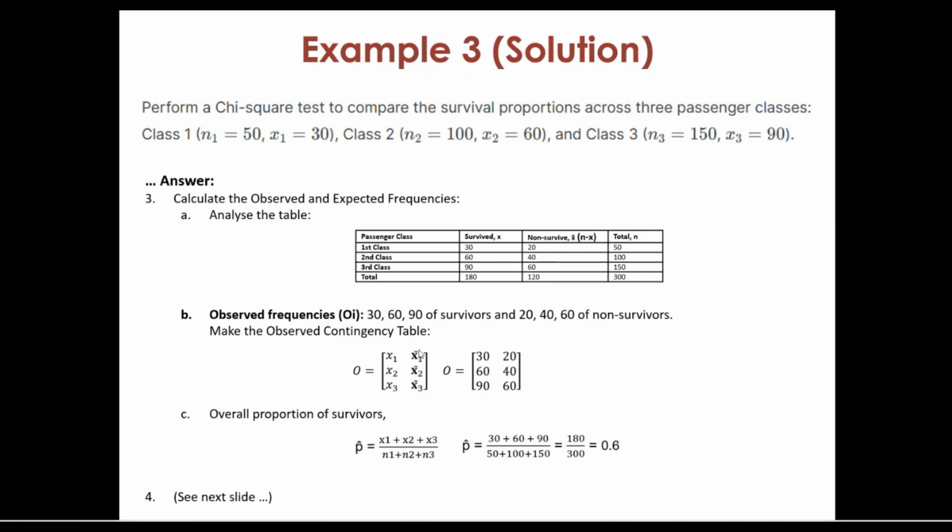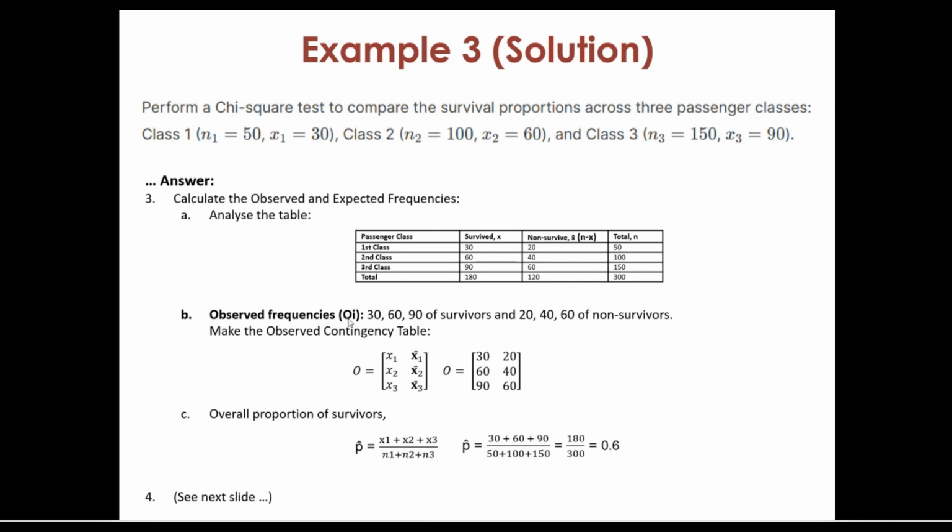You just plug in from the contingency table that you have prepared. Survivors are 30, 60, 90, and the non-survivors are 20, 40, 60. So the first row is 30 survived, 20 dead. Second row, 60 survived, 40 died. And the third class, 90 survived, 60 died.